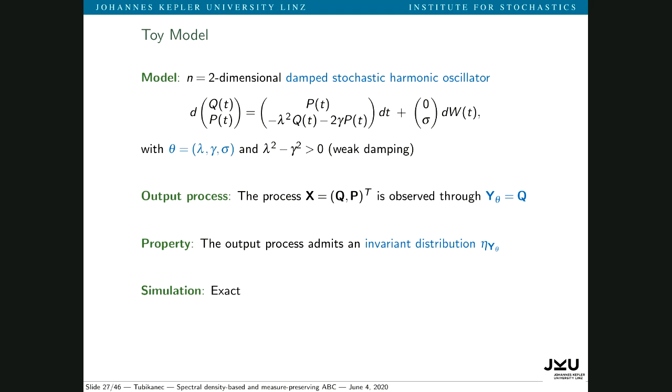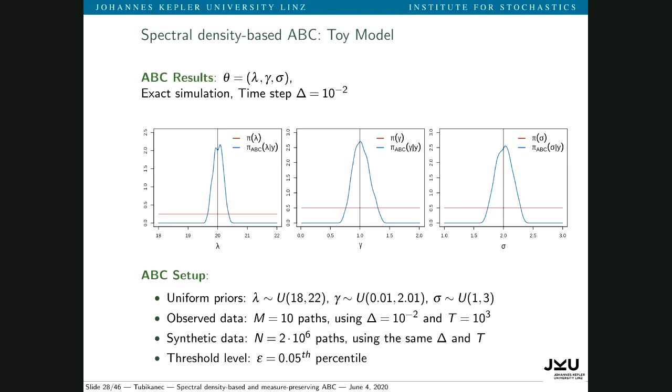Then the model has three parameters that we wish to infer. We assume that the process is observed through its first coordinate. First, let's apply the ABC algorithm to this model under the optimal condition of exact data generation. And here you see some results. We start with uniform prior distributions.